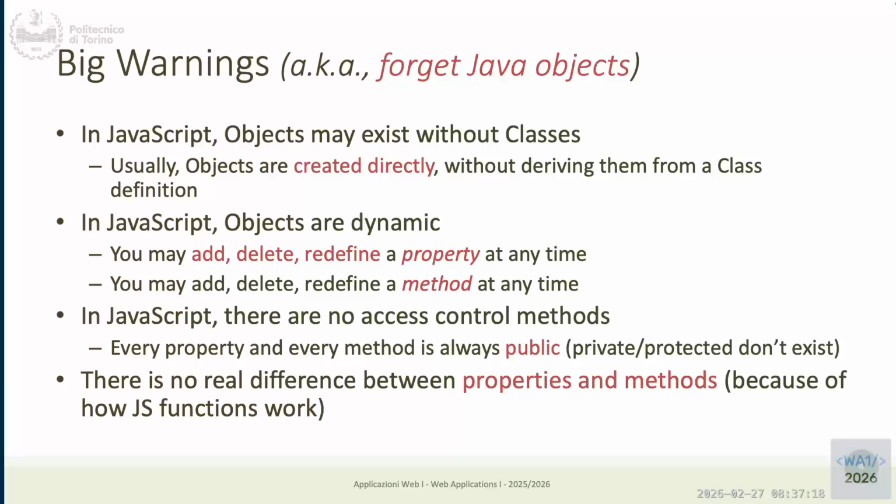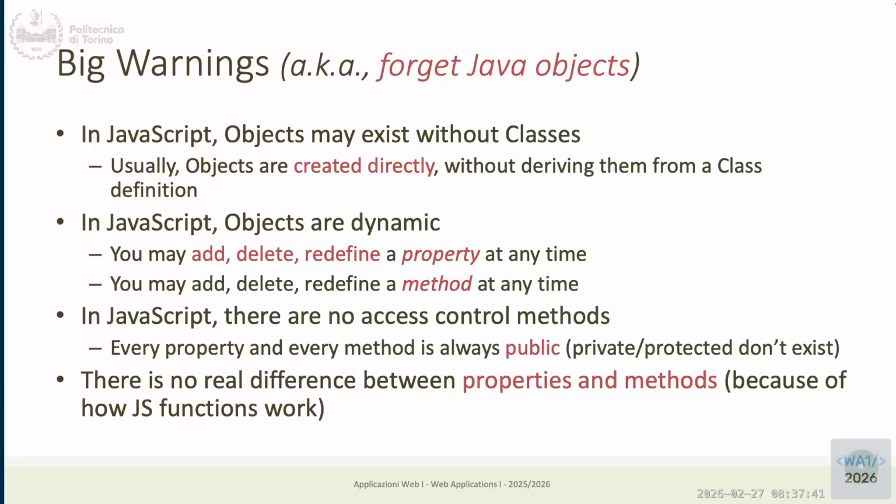First of all, as I already mentioned last time, in JavaScript, objects are different from objects in other programming languages. In many other programming languages, an object is an instance of a class, basically. So you cannot have an object without having a class. In JavaScript, it's not true. Objects are independent entities.